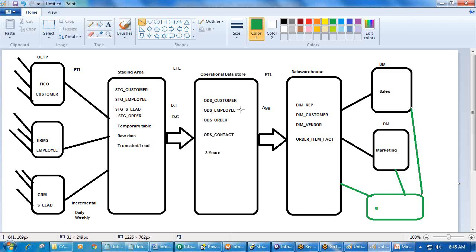Let's say you have a banking system. In the banking system we don't keep historical data, maybe 10 transactions are stored. But when you go to the bank, they'll give you a historical statement for 5 years, or 3 years, 6 years also. But when there is no data here, how are they able to get that?